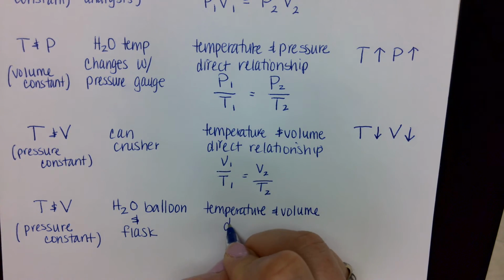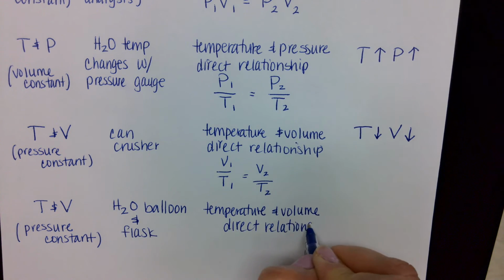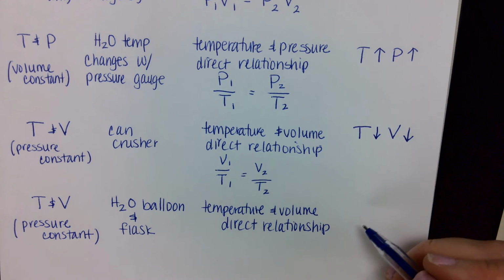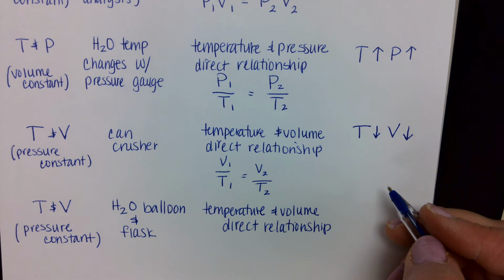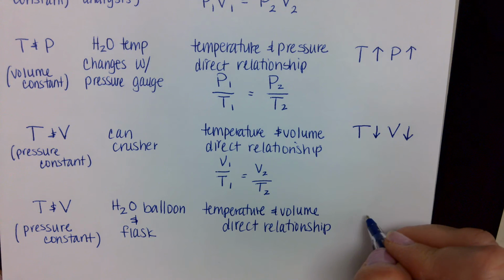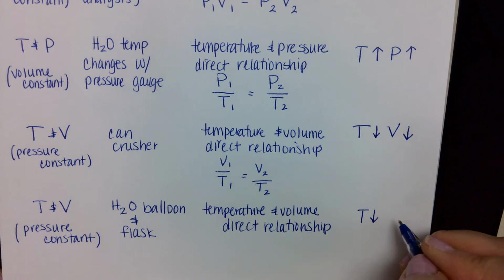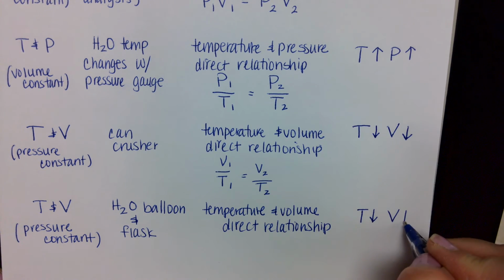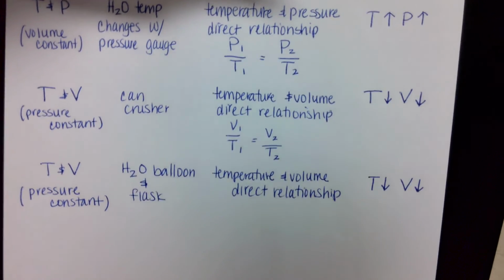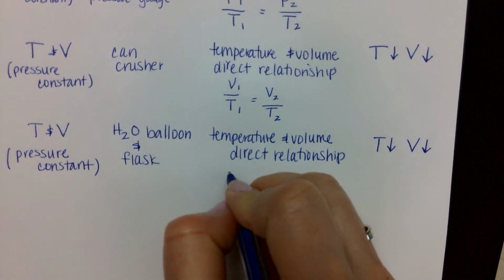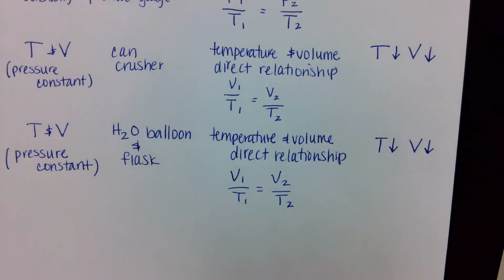We know temperature and volume is a direct relationship, so we'll write that, and let me explain what happened. In the flask, we lit a match, we put it in, so the temperature was hot. When we put it in and covered the lip with the water balloon, the temperature dropped, and thus the volume of the water balloon also decreased, and it was able to be then pulled into the flask. So the math involved with this would be V1 over T1 is equal to V2 over T2.